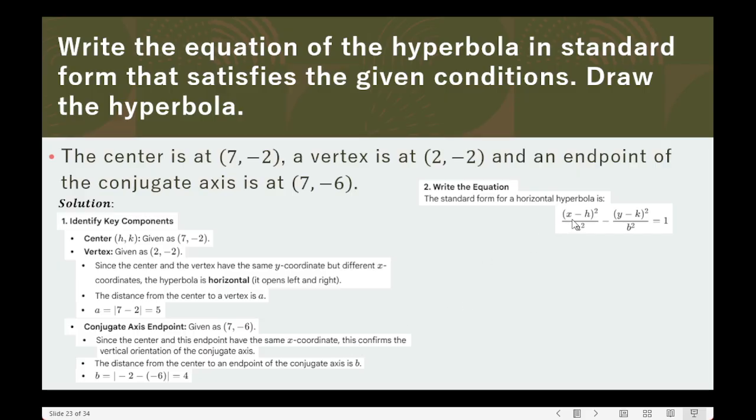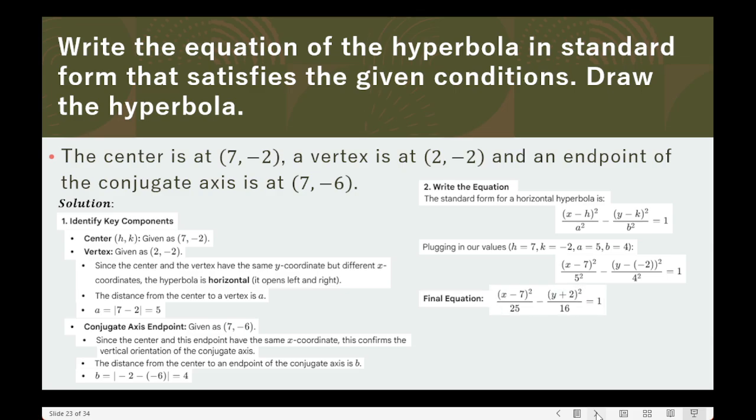So x minus h squared over a squared minus y minus k squared over b squared equals 1. Plugging in the values of h and k together with the values of a and b, we have now this standard form of the equation. Quantity x minus 7 squared over 25 minus quantity y plus 2 squared over 16 equals 1.